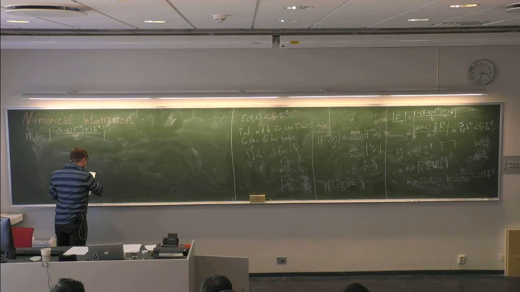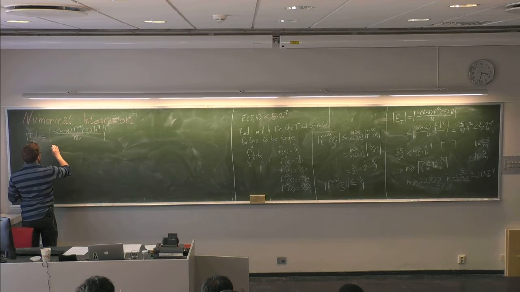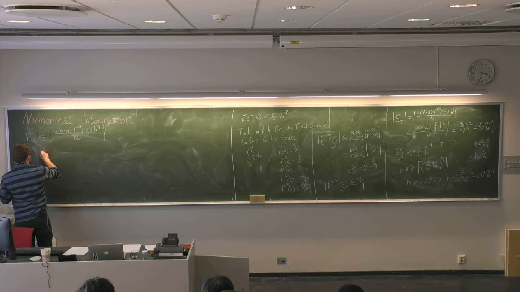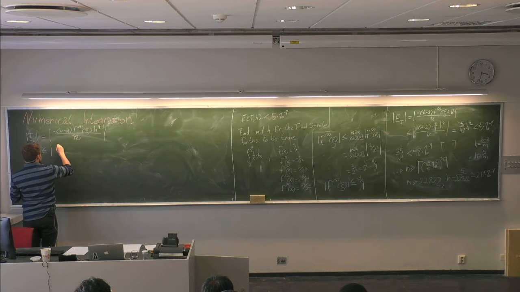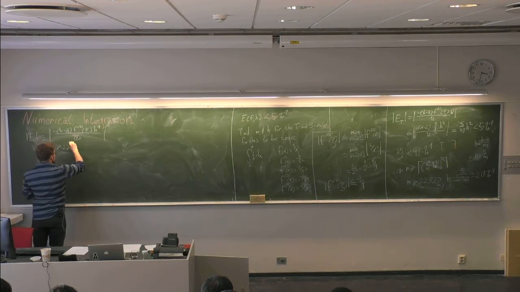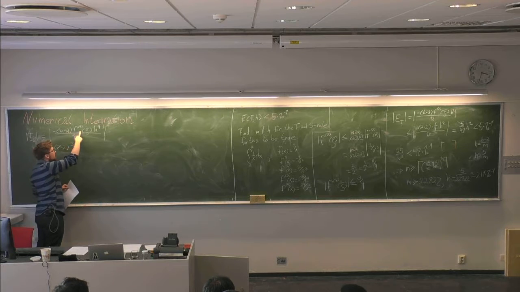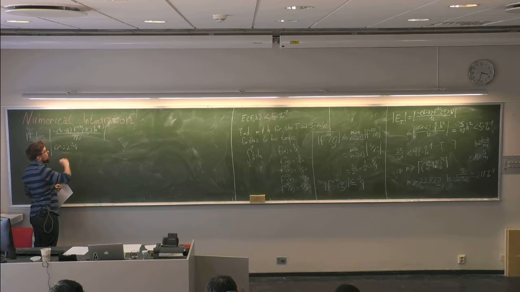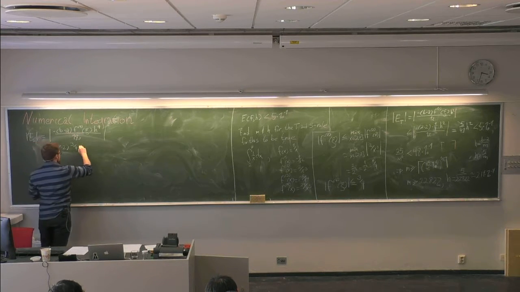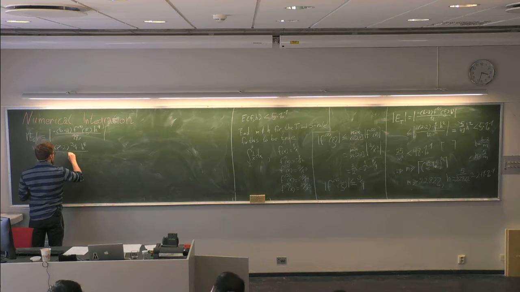This is going to be less than 7 minus 2, times 3/4, which is the highest value this can take, times h to the power of 4 divided by 180.